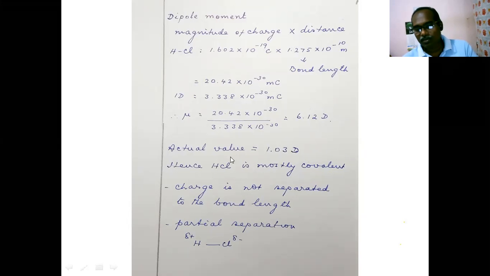Therefore, the hydrogen chloride molecule is mostly covalent and less ionic. So there is a partial separation of the charges between hydrogen and chlorine. Therefore, hydrogen possesses a partial positive charge and chlorine possesses a partial negative charge.